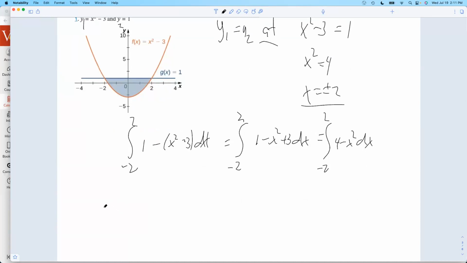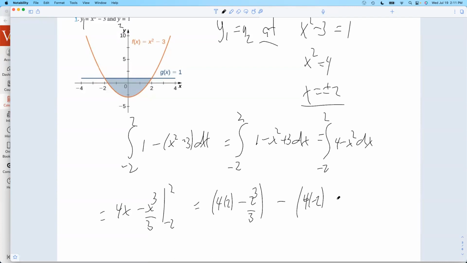And now we do the definite integral. We'll get 4x minus x cubed over 3, evaluated from -2 to 2. So top minus bottom, plug in 2 for all my x's, minus, now plug in -2.